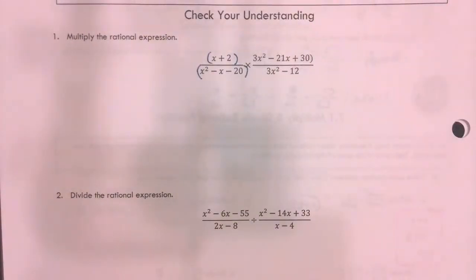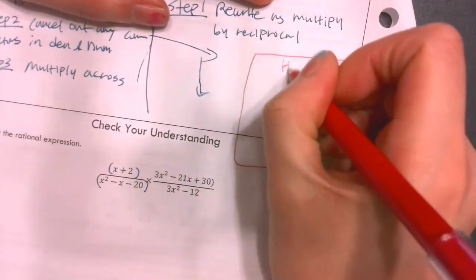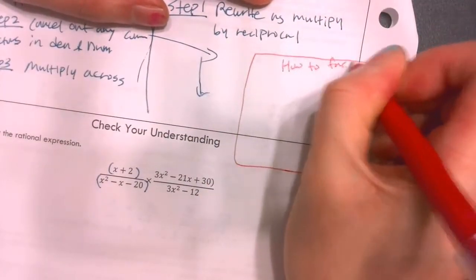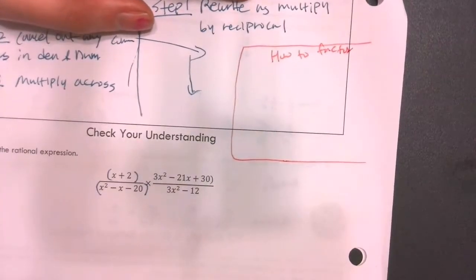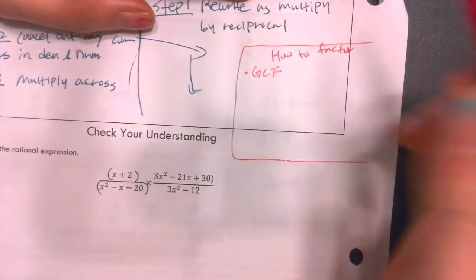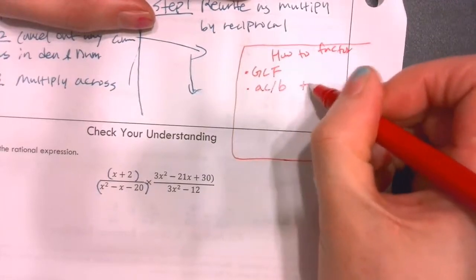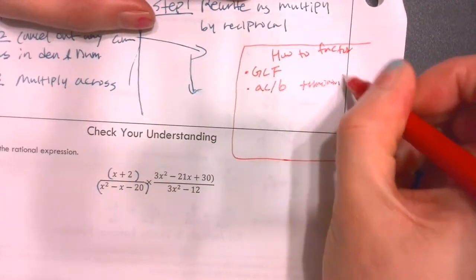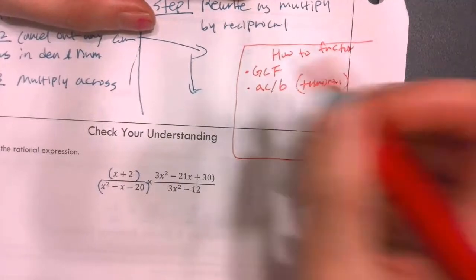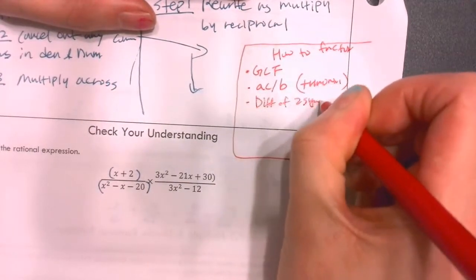Speaking of factor, we got to review something. Okay, so pause, go back over here. How to factor. I'm going to bring up the stuff we learned from the last semester. How to factor: always do the greatest common factor first. And then we learned a bunch of things. We learned about the ACB chart. So when you have a trinomial, meaning there are 3 terms, you try the ACB chart. What else? Difference of 2 squares.